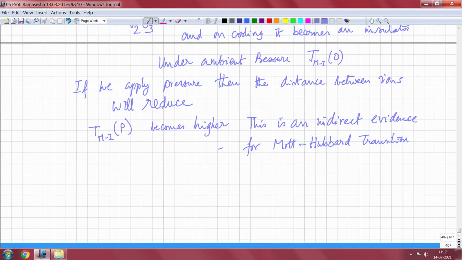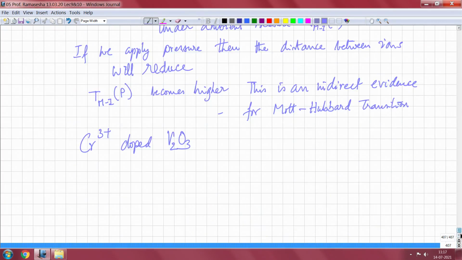So, there is a transition metal ion contraction, and so the radius of the chromium 3 plus ion is smaller than the radius of vanadium 3 plus, and when you replace vanadium 3 plus by chromium 3 plus, the lattice shrinks, and you will see that the metal insulator transition temperature varies just the way it varies with pressure, and this is for a very small range of chromium doping, which is between about 0.5% to 1.7% chromium doping. So, this is also seen in chromium 3 plus doped V2O3 systems.